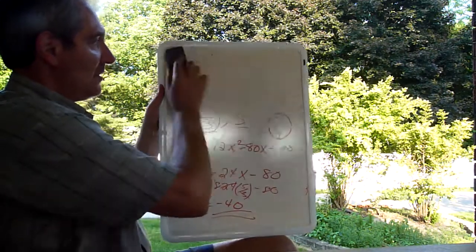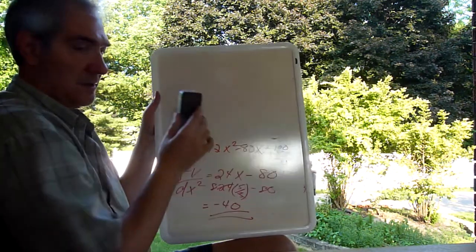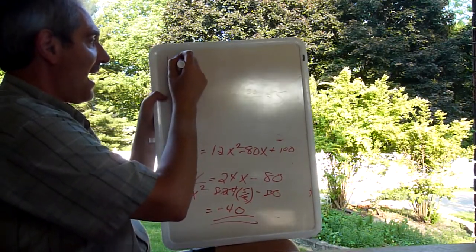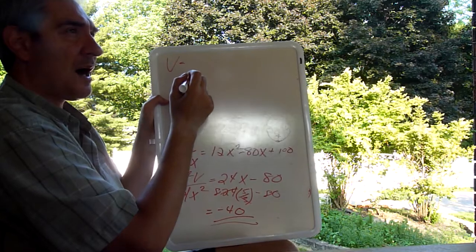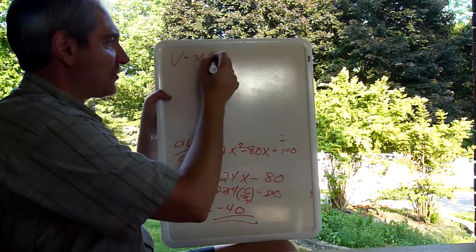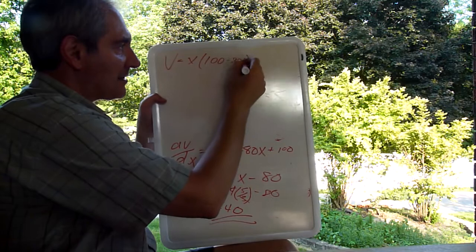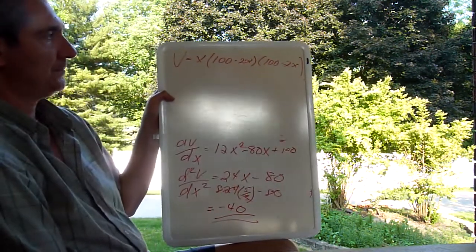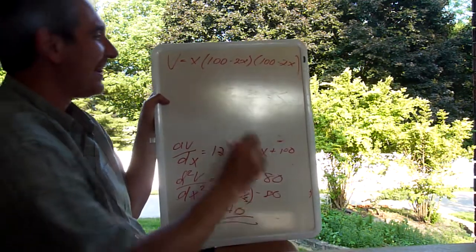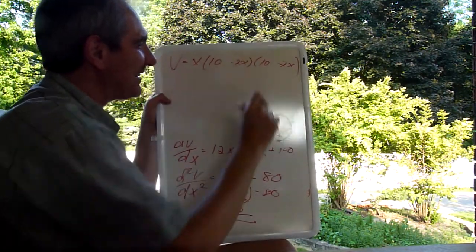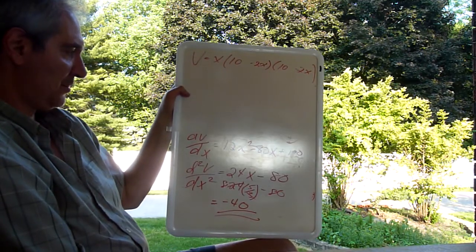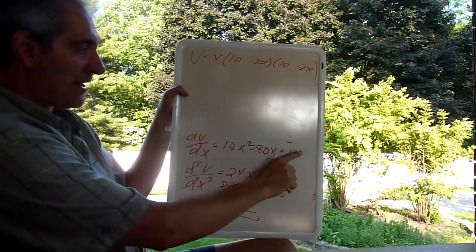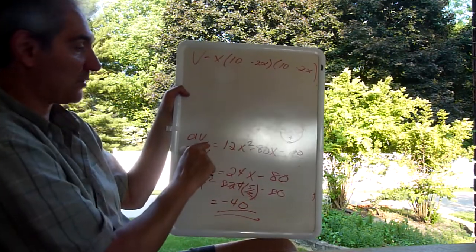Back up here. So what was the initial value? Our initial volume happened to be, I'm going to write the original, x times 10 minus 2x times 10 minus 2x. It wasn't 100, it was 10. Thank you. And what happened to the 100 on the bottom in that other equation? Right there, where it says 12x... We divided it by 4, and then we set it equal to 0.